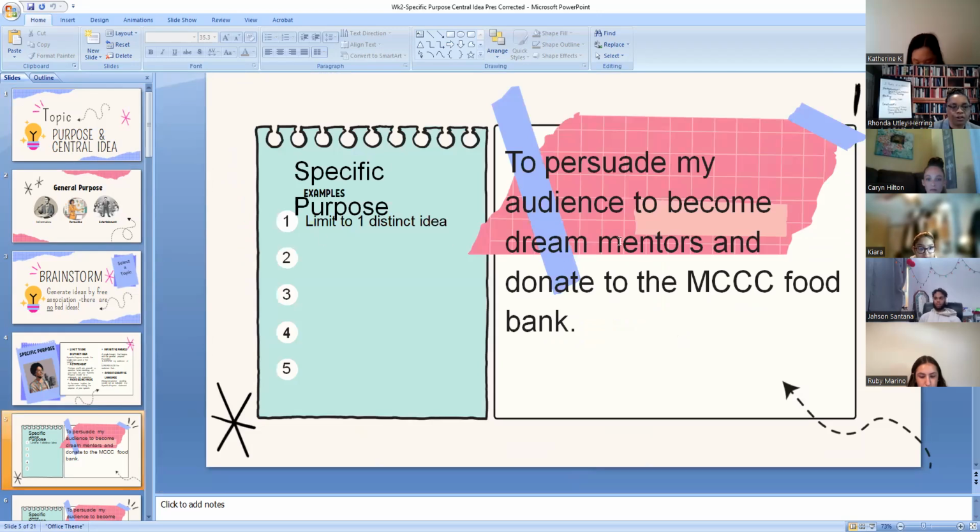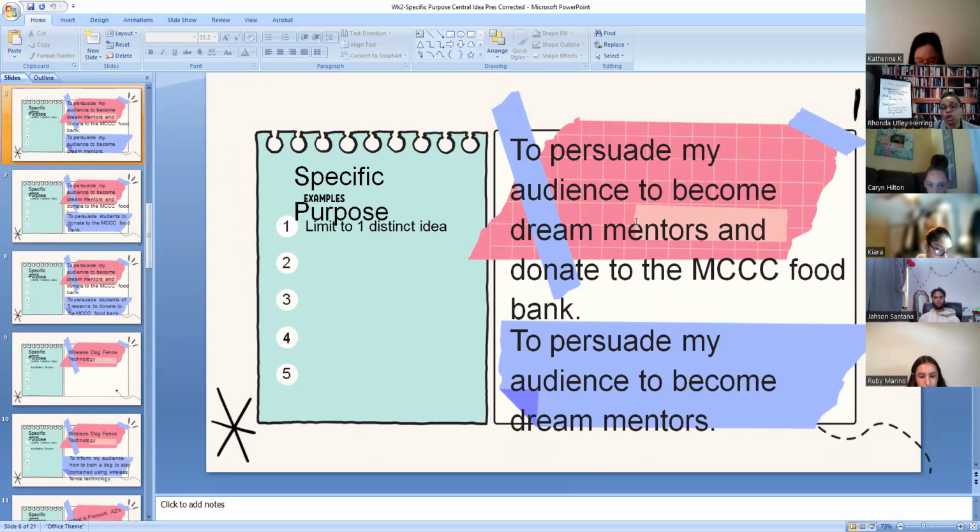Okay, here's the first example that I was speaking about. To persuade my audience to become dream mentors and donate to the MCC Food Bank. Can everybody see that? Raise your hand. Okay. And it's actually two separate specific purposes because you can only have one distinct idea.